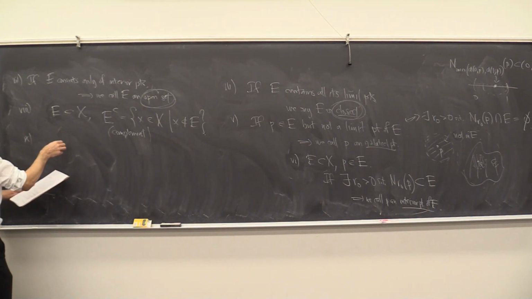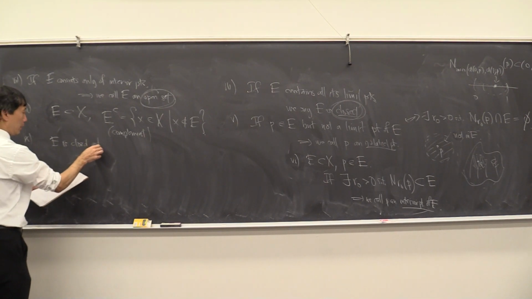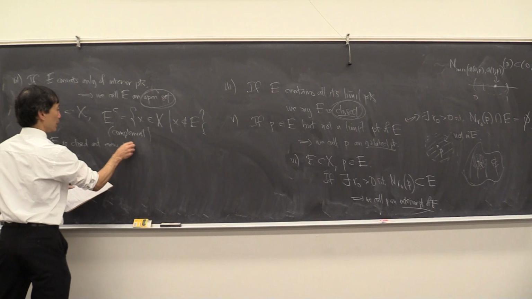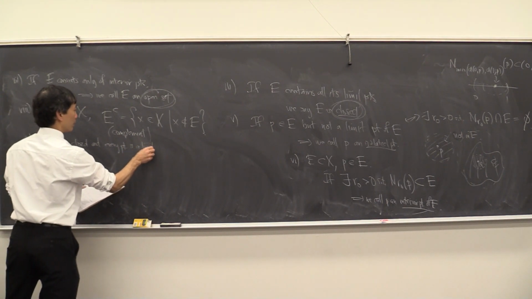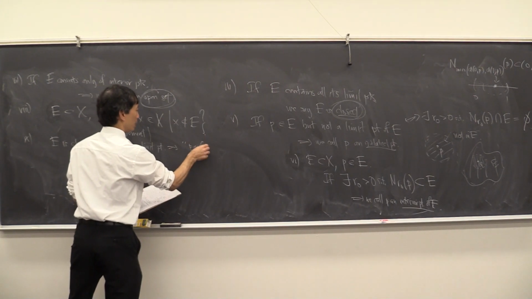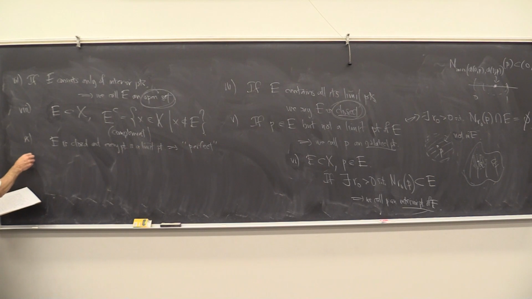I don't even want to do this one, but if E is closed and every point is a limit point, then it's called perfect. Not that useful a term, but it's defined here.